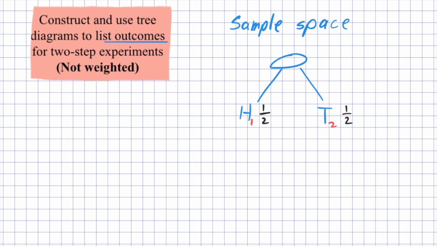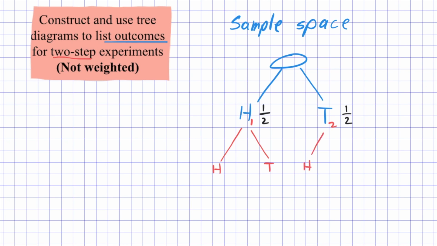Well, let's say we do a second flip, and this then becomes an example of our two-step experiment. What are our possible outcomes now? Well, if we flip the head first and then we pick that same coin up and we flip it again, we're not influencing the outcome at all. We're just reflipping the same coin, so our options don't change.